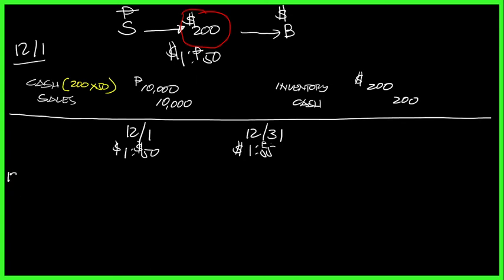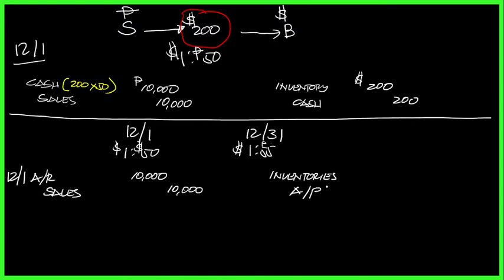As of December 1, we have to convert that. You will now have a debit to accounts receivable amounting to 10,000 pesos and a credit to sales, which is also 10,000 pesos. In the books of the buyer, you will have a debit to purchases or merchandise inventories and a credit to accounts payable amounting to $200.